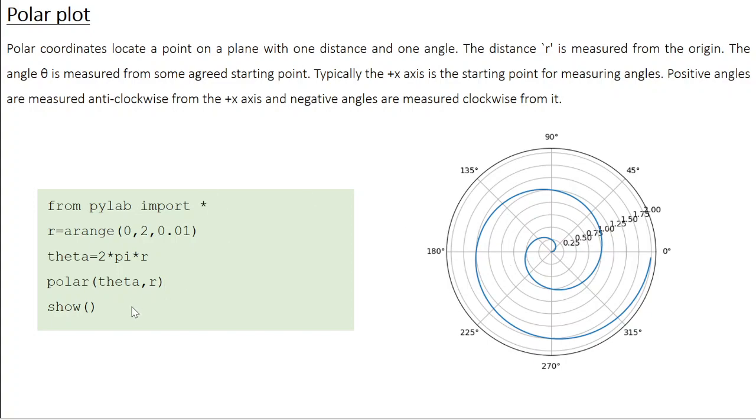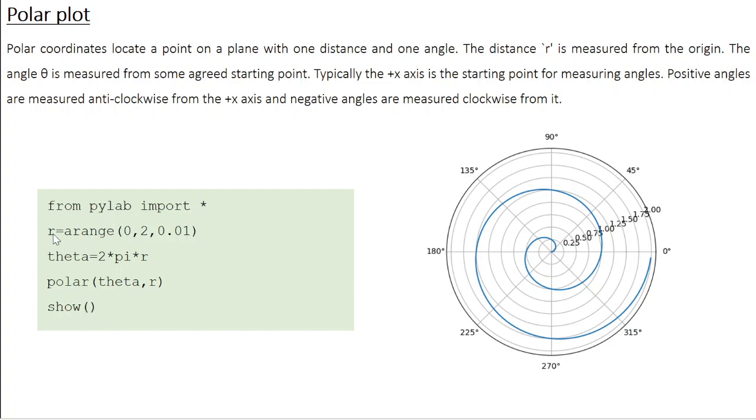Let's look at a couple of examples. So here the function for plotting a polar graph is polar. It has two arguments. If you are looking at a two-dimensional graph, one is the angle theta, second one is the distance r. So first I need to create two arrays or lists for r and theta. As always, from pylab import star, all the functions of pyplot as well as numpy are imported at once.